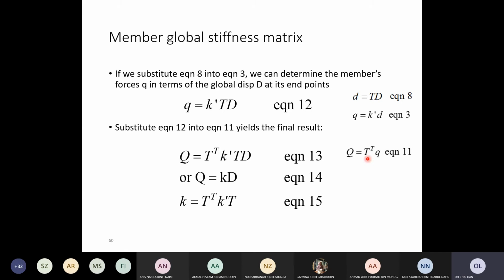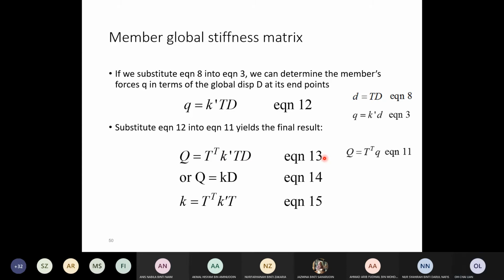So now substitute this equation 12 into this equation 11. This small q right now is K prime TD. Let us substitute this into the q here. Once this K prime TD has been put in for small q, the big Q becomes T transpose K prime TD. Then we have equation 13.